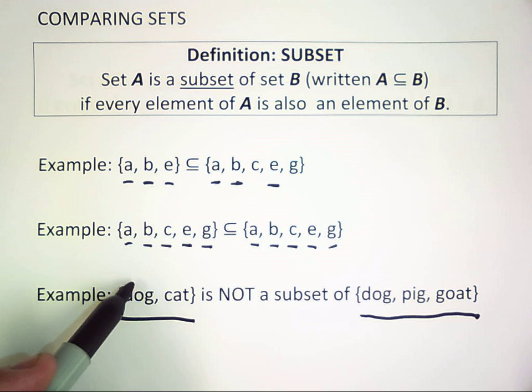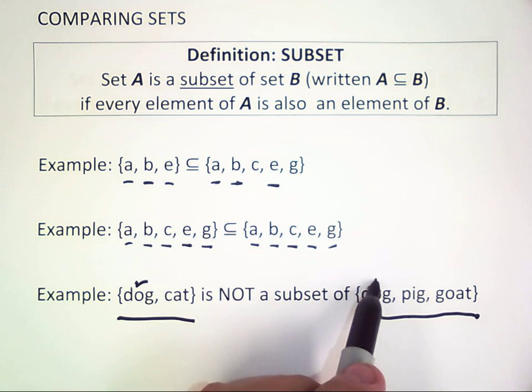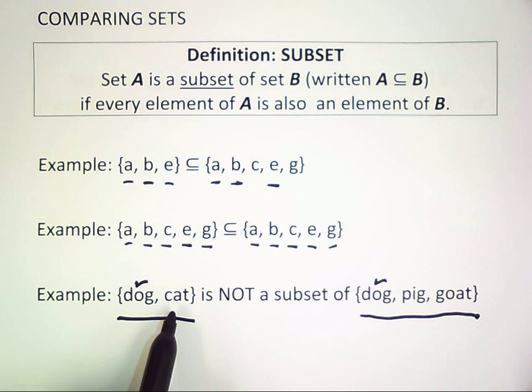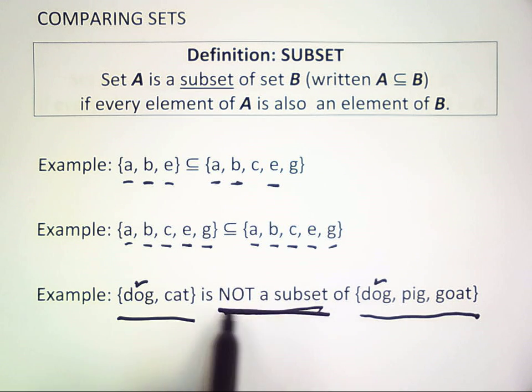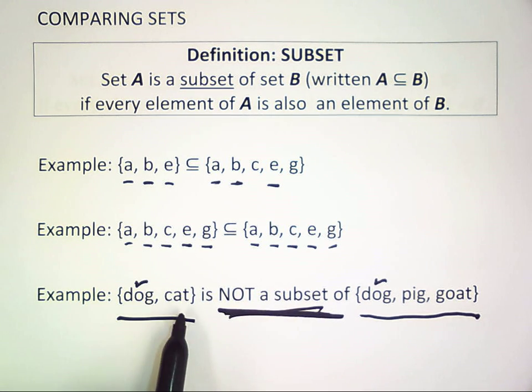There's dog on the left and on the right, but there's no cat in set B. So we would say that the set consisting of the elements dog and cat is not a subset of the set consisting of dog, pig, and goat. If there's any element on the left that doesn't appear on the right, you don't have a subset.